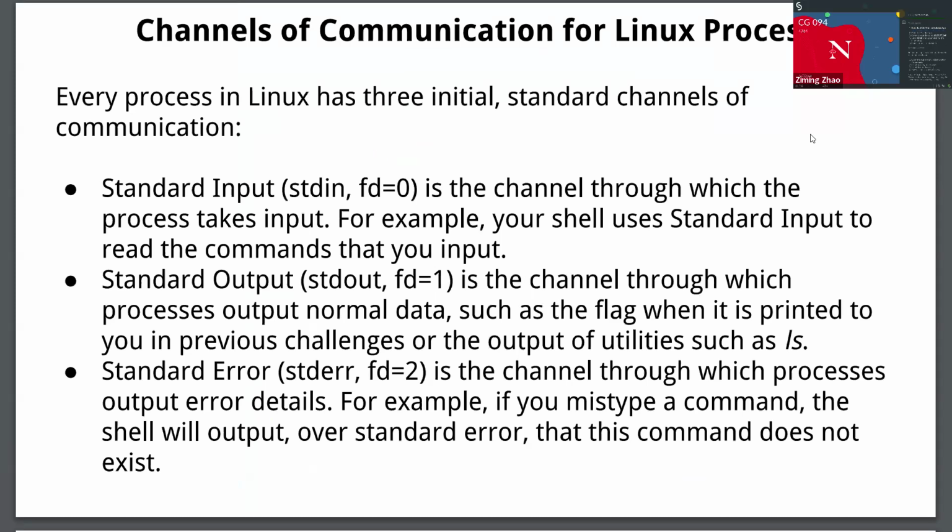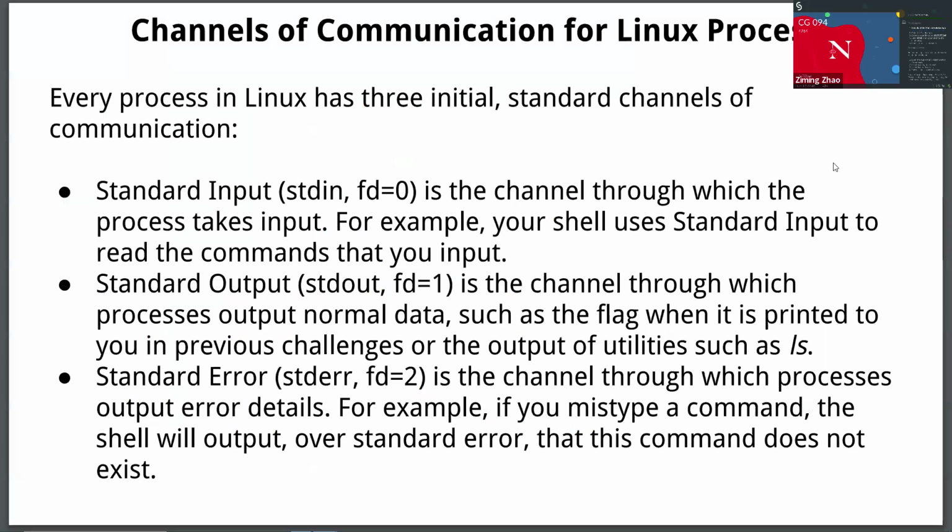Every Linux process has three initial channels of communication. They are called standard in, standard out, and standard error. So every process, when it is created, already has three file descriptors, connecting to those three communication channels.